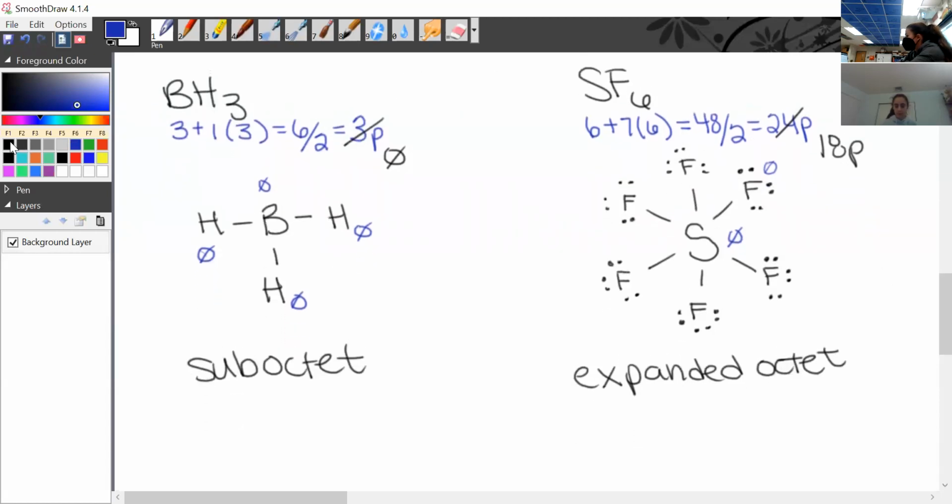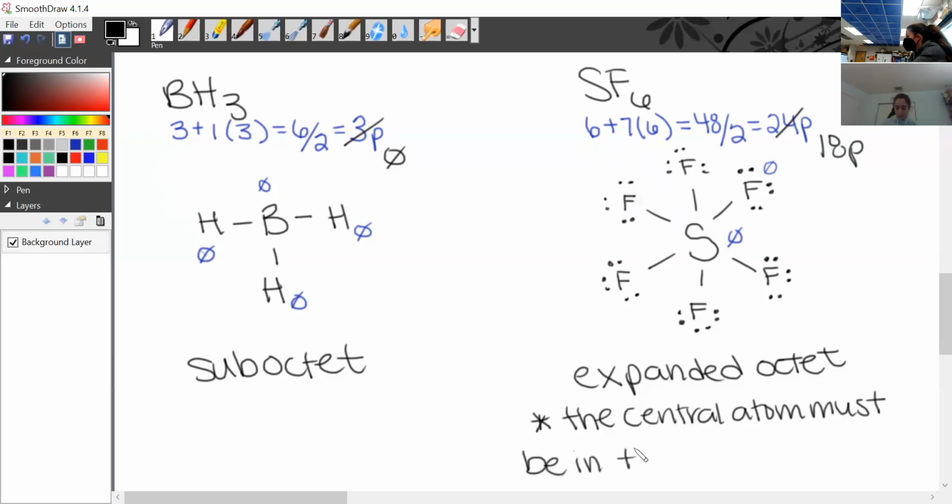And the rule is the central atom must be in the 3rd period of the periodic table or beyond. Like it needs to be in the 3rd, the 4th, the 5th, the 6th, or the 7th period. In other words, it needs to be a bigger atom.